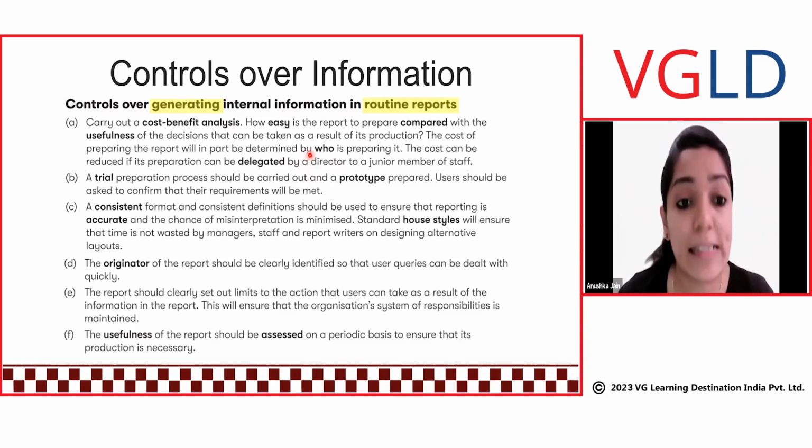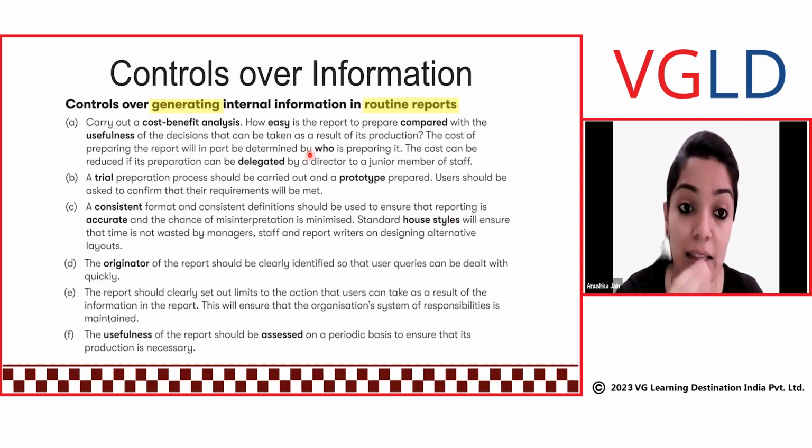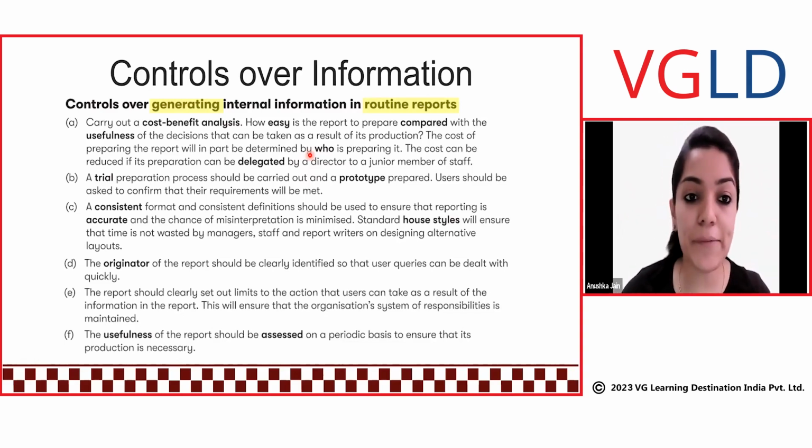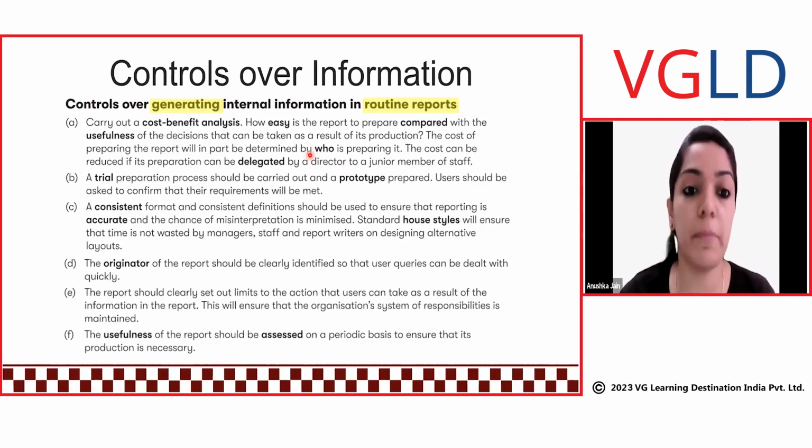And it takes 2 hours. So just to prepare it daily, 10,000 rupees becomes the cost if the senior manager is required to prepare it, whereas for the executive, it is 1,000 to 2,000 rupees per day as the cost of generating the report. So who is preparing the report is also very important.